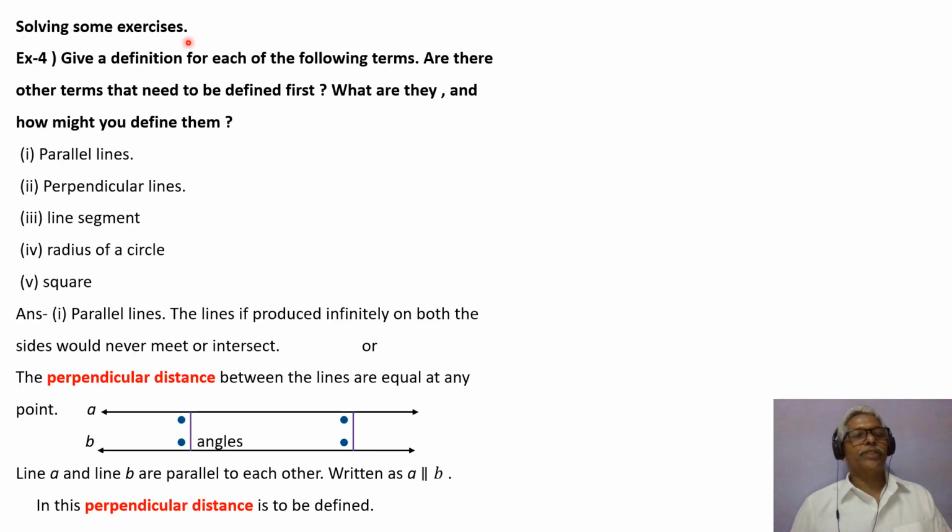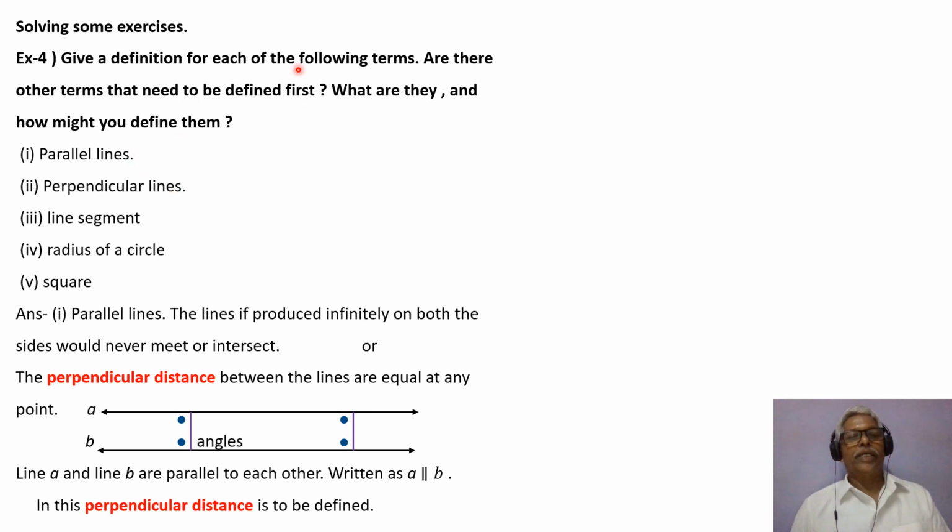Solving some exercise. Fourth one: give a definition of each of the following terms. There are five given here: parallel lines, perpendicular lines, line segment, radius of a circle, and square. You have to give the definitions of all these.